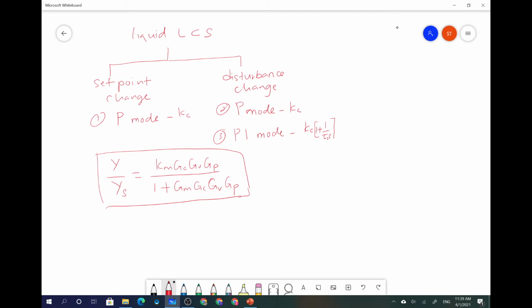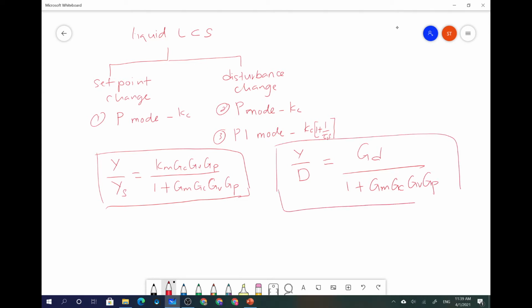And here we have Y over D, with GD over 1 plus GM GC GV GP. This is a general closed loop transfer function as you derived in the previous video. But here we're going to apply these two to our liquid level control system.